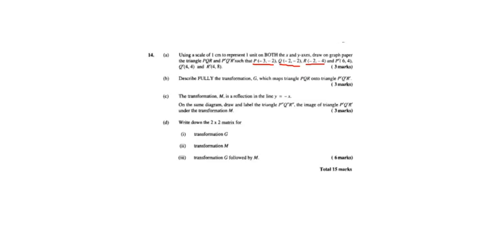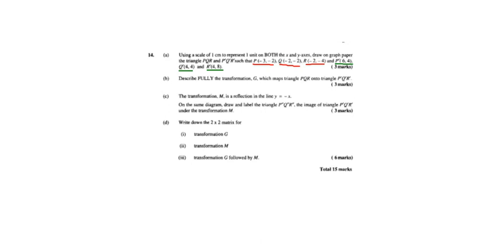So when I come back to my information across here, it says that P prime is 6, 4, Q prime is 4, 4, and R prime is 4, 8.